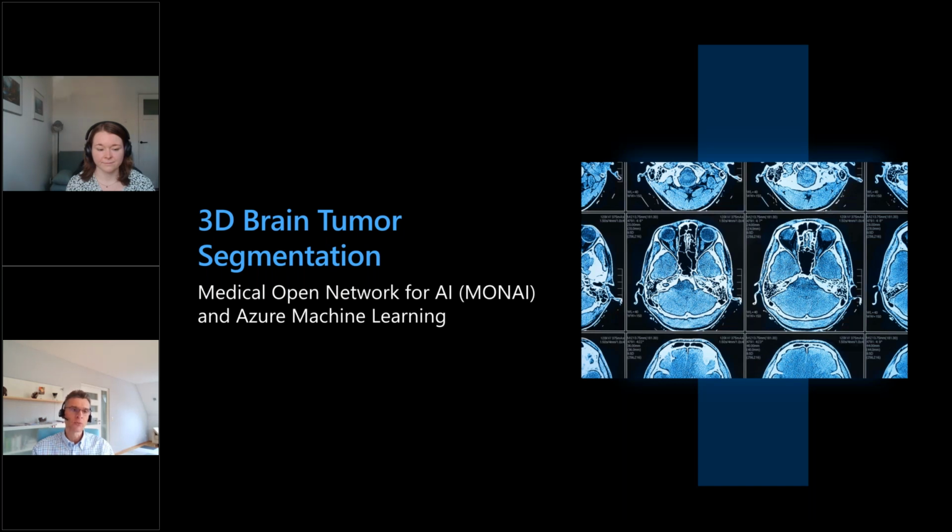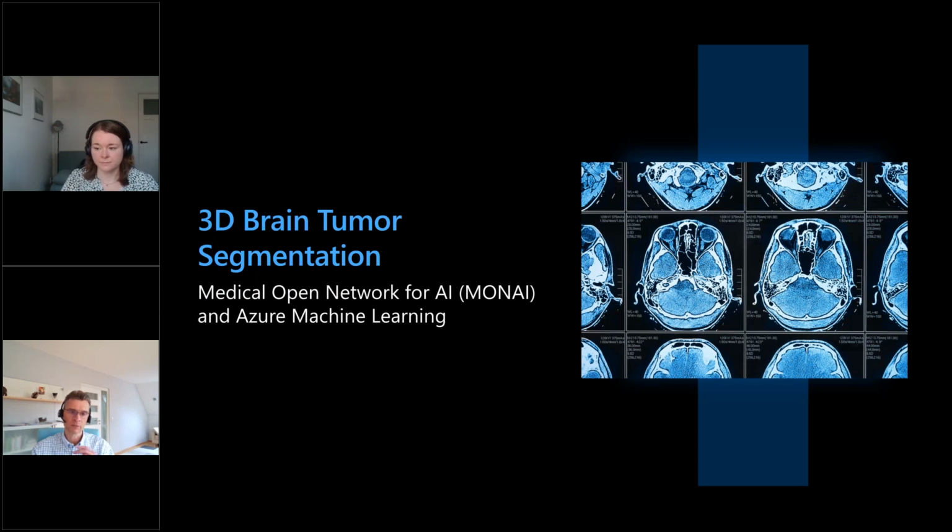I would like to briefly talk about the 3D brain tumor segmentation use case, which is the baseline of our demo. Here we are using Azure Machine Learning in conjunction with the Medical Open Network for AI, which is a specific network with very interesting capabilities based on PyTorch for medical imaging when it comes to pre-processing, when it comes to the specific networks that are used in medical settings.